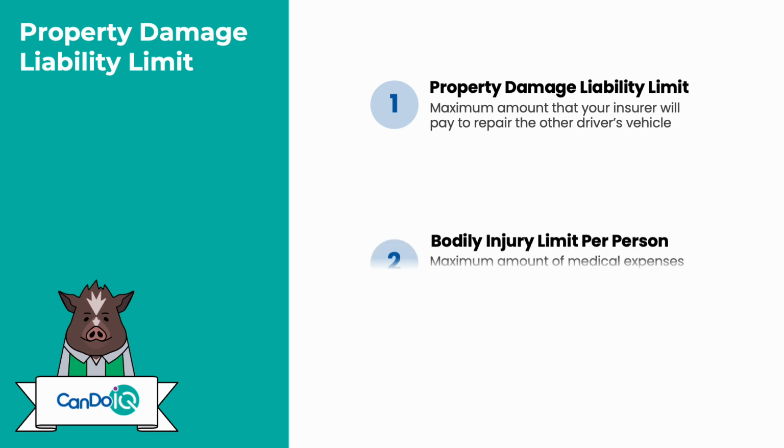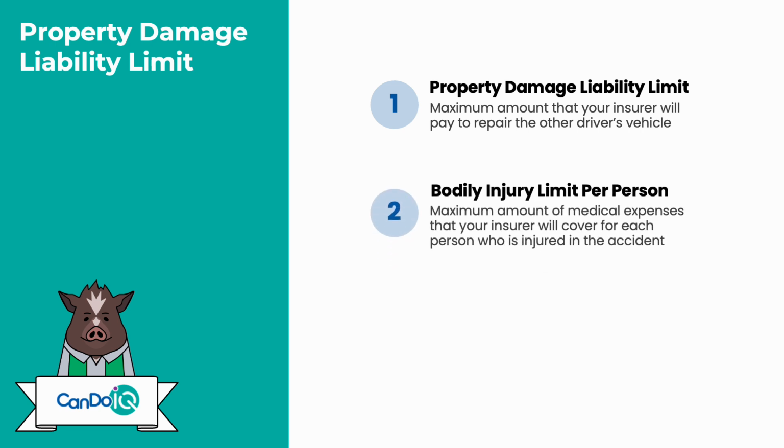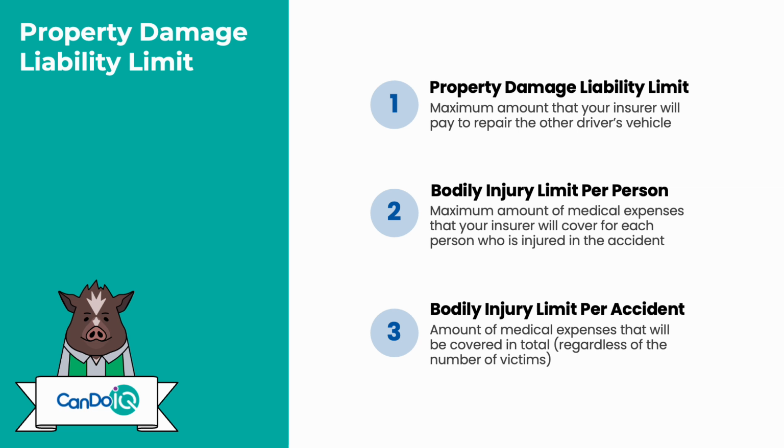Next is your bodily injury limit per person, which is the maximum amount of medical expenses that your insurer will cover for each person who is injured in the accident. Lastly is your bodily injury limit per accident, which is the amount of medical expenses that will be covered in total regardless of the number of victims.